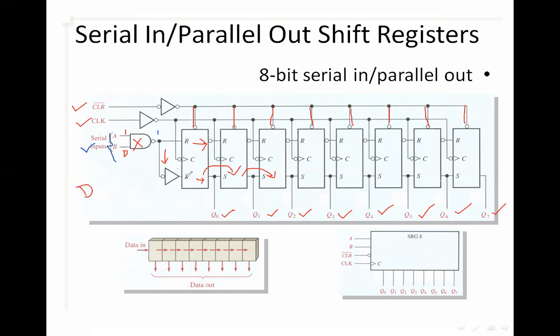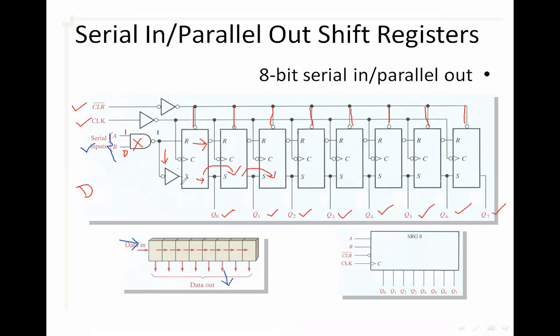Serial output gets passed through the flip-flops, and as the clock gives its signal, it will pass from one to another. Consequently I will get my outputs from Q0 to Q7. So I have achieved my serial input and my parallel output. Data in is achieved and data out is also achieved.